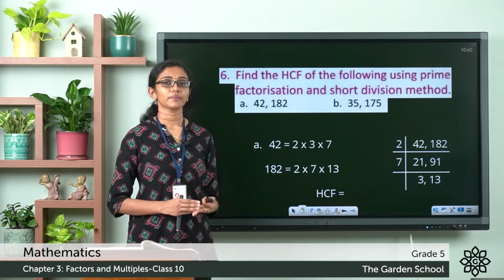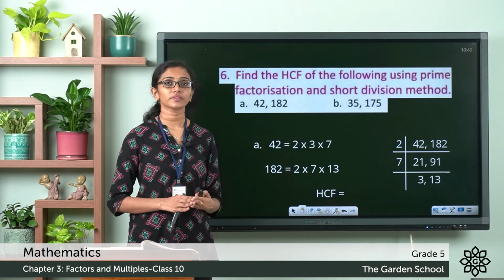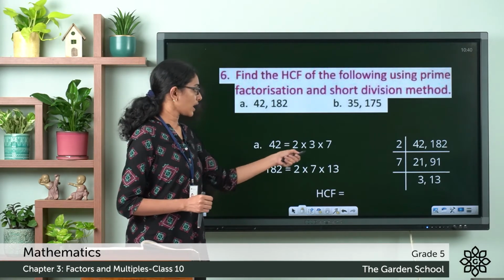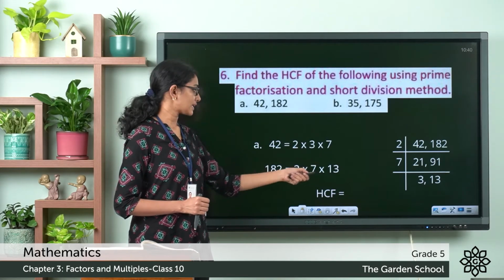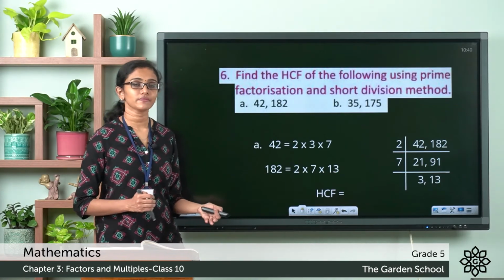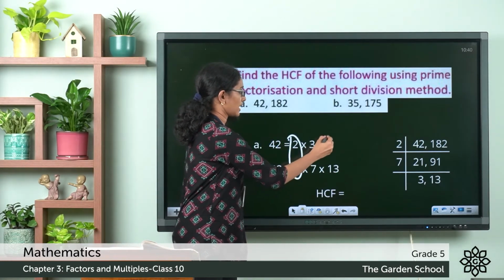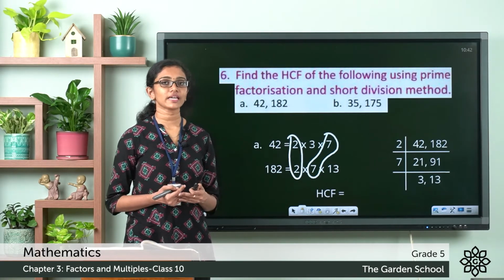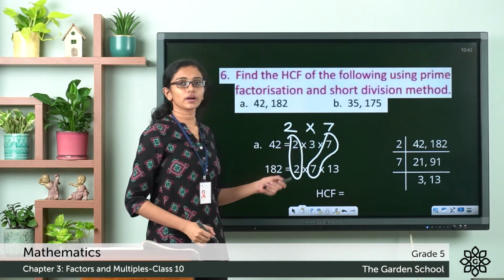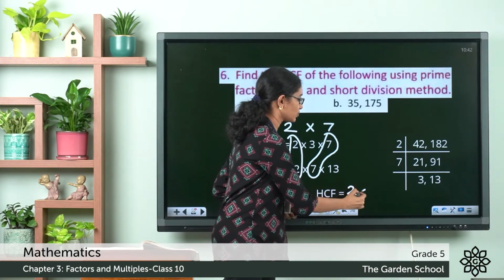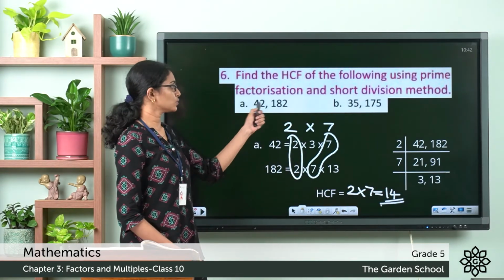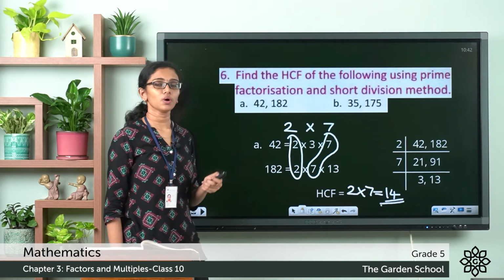And we know in the prime factorization method, the HCF of the given numbers will be the product of the common prime factors. So here we have the prime factorization of 42 and here you have the prime factorization of 182, which are the common prime factors? 2 and 7. We need to take one 2 from here and one 7 from here and take their product. So the HCF will be 2 into 7, that is equal to 14. The HCF of 42 and 182 is equal to 14.